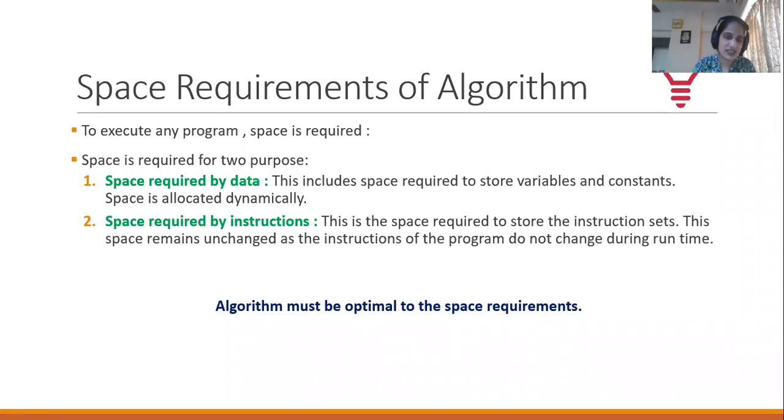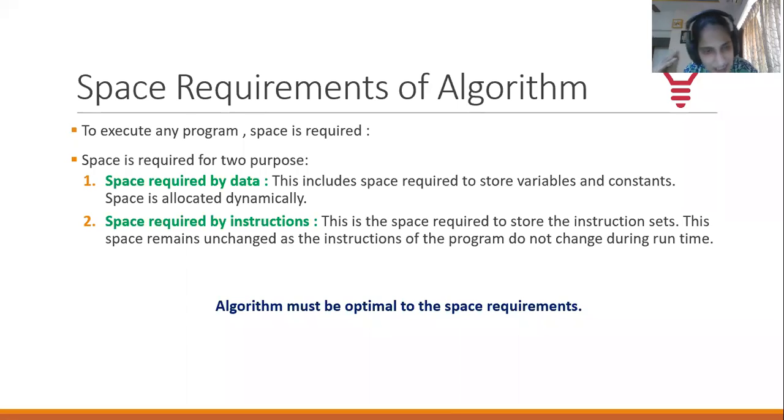In that case the space allocated will be dynamic. But if the program just restricts itself to addition, then the instruction will be only one. Today it can add n1 and n2, tomorrow it can add n1, n2 and n3, so the instruction part remains the same. Basically, at times it also happens that at runtime certain more memory is created.